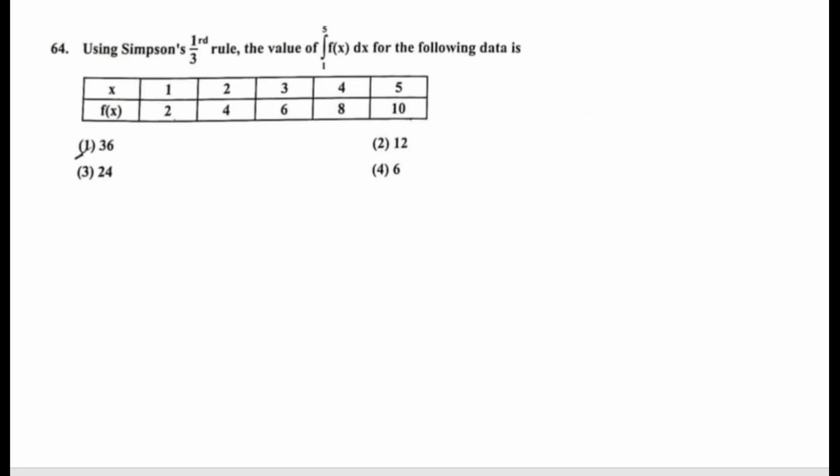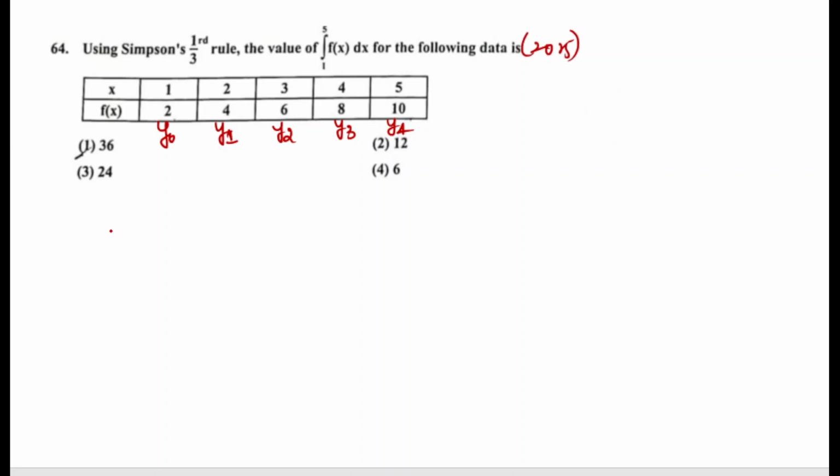The next question what we have. Using Simpson's 1 by 3rd rule, the value of the integral 1 to 5 f of x dx for the following data is. Here only I am going to write, this is y0, this is y1, y2, y3, and this is y4. This was asked in 2025.